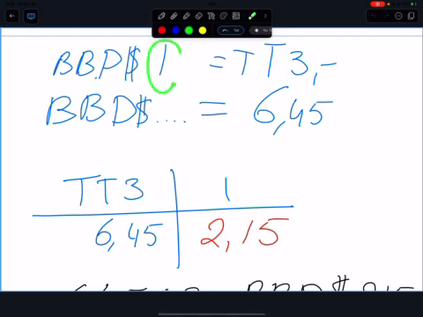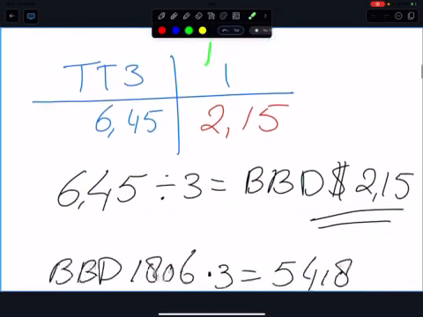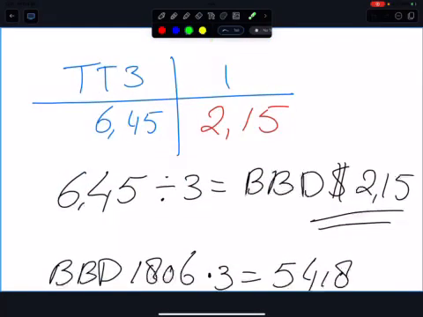So if 1 Barbados dollar equals 3 Trinidad and Tobago dollars, I need to look at 645 Trinidad and Tobago dollars. And I would know the equivalent of 1 US. You can either do a table like this, or you can switch it by doing the second one.